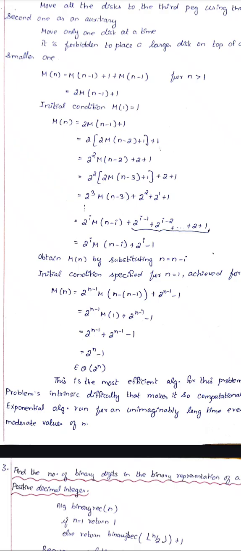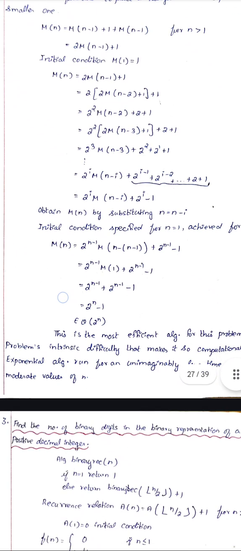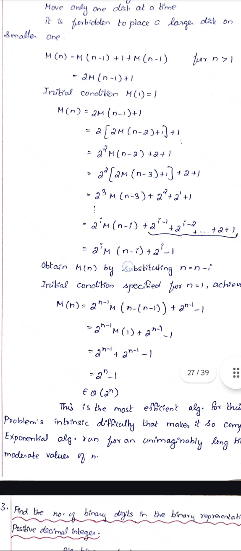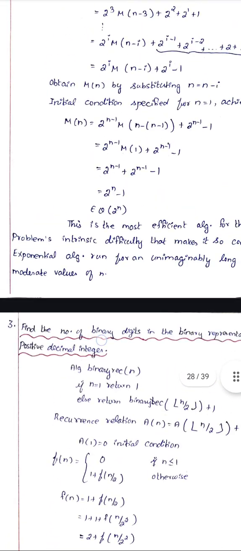So now to obtain m of n by substituting i equals n minus 1, we have 2 power n minus 1 m of n minus (n minus 1) plus 2 power n minus 1 minus 1, that is i equals n minus 1. We already know that i goes till n minus 1.